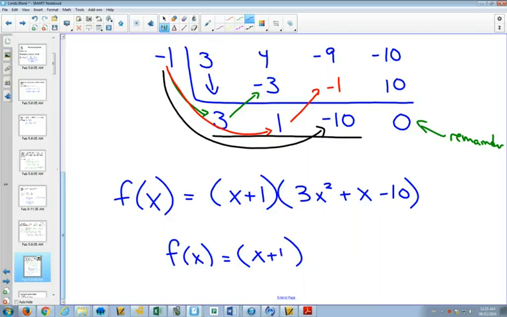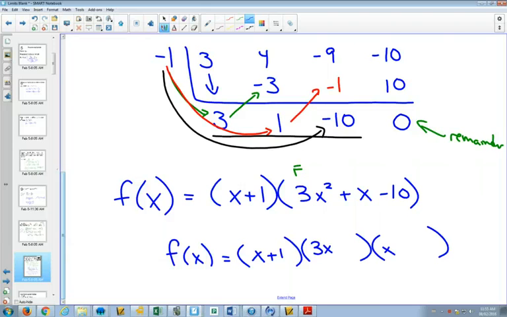Well, if we could factor this, it would be two sets of brackets like this. Again, the idea that I'd like you to go from is to get 3x squared, there's only one option to get that. The only way you can get 3x squared with your first ones is a 3x and an x.